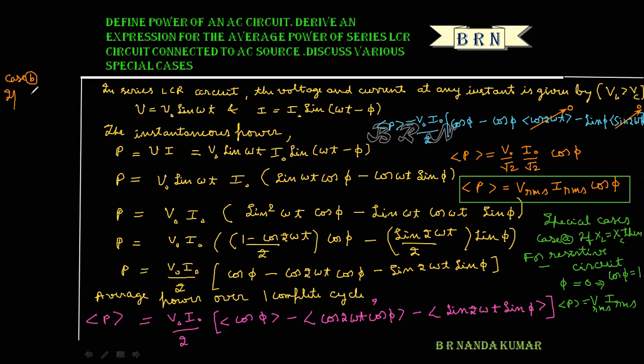If XL is more than XC, VL is more than VC. Then what is the phase difference between the current and voltage? That is pi by 2. So the LCR series circuit behaves like an inductive circuit.